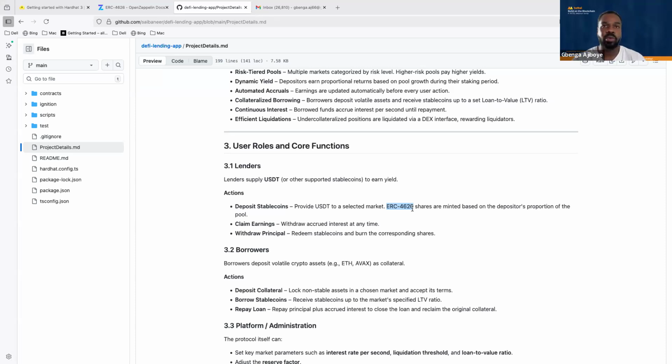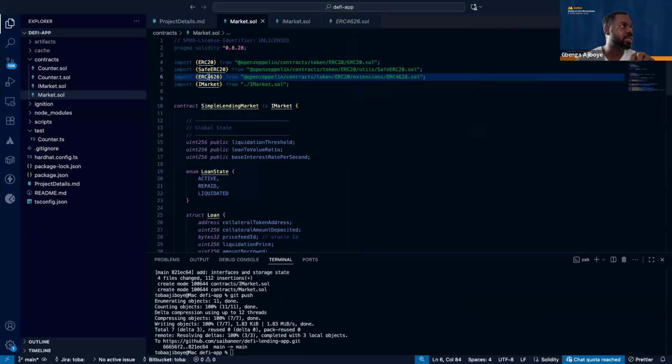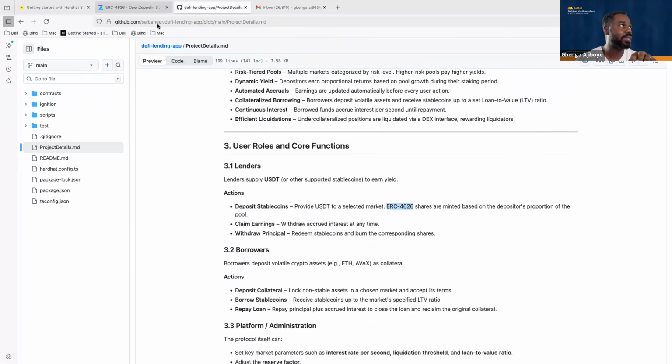Now, maybe someone else comes and provides another amount, which is 1,000. So we do 1,000 divided by 1,000, that's 50%. So we provide 50% of shares. Now, I think I might be messing that up, but I'm going to verify that because I'm looking up this ERC 4626 at the time of this video. I've never used it before, and I'm going to try and use this feature.